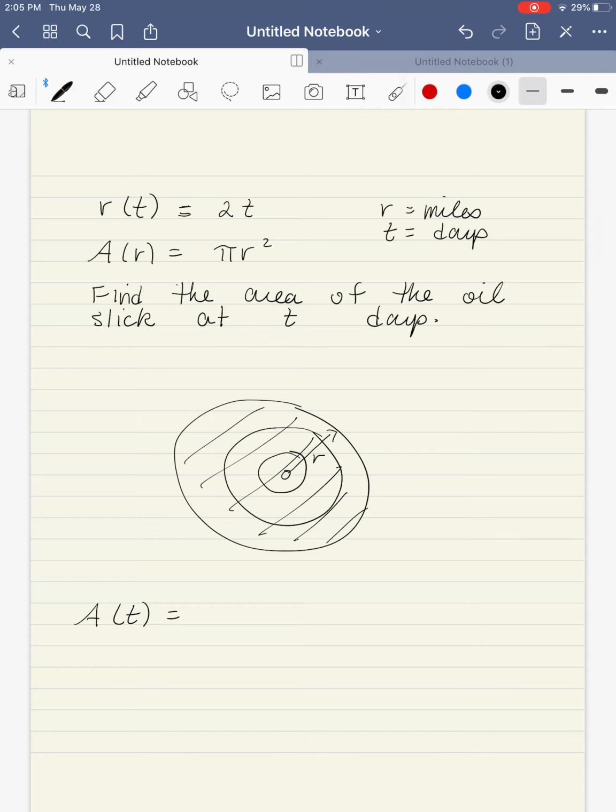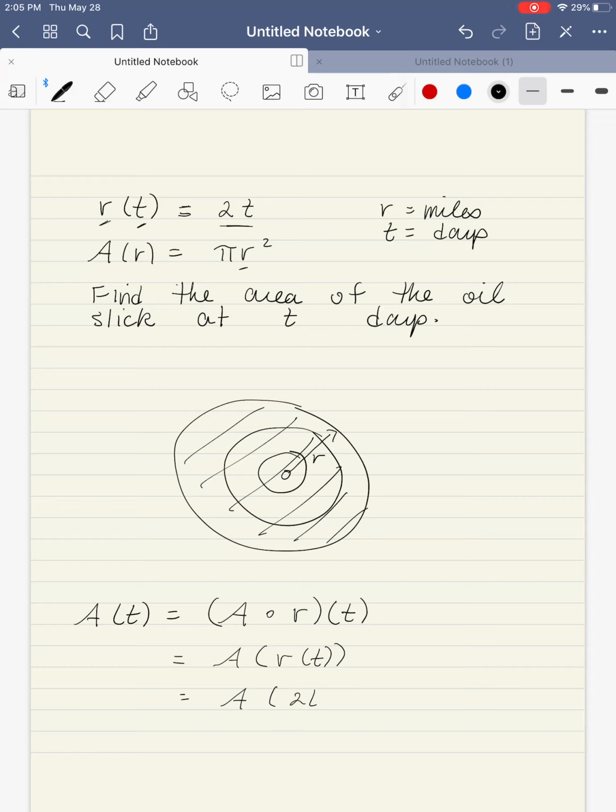Well, we know a formula for area in terms of radius, and we know a formula for radius in terms of time. So A of t is going to be A composed with R of t. And as we saw in our example before, that's A of R of t. R of t is 2t.